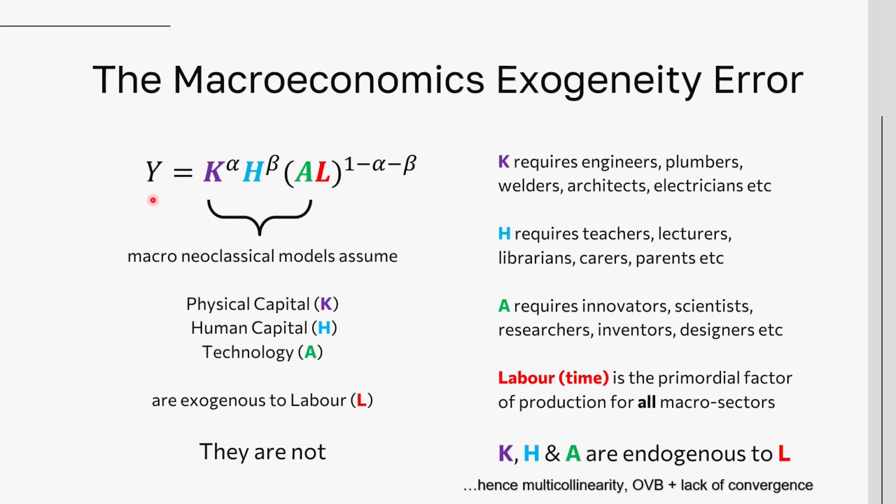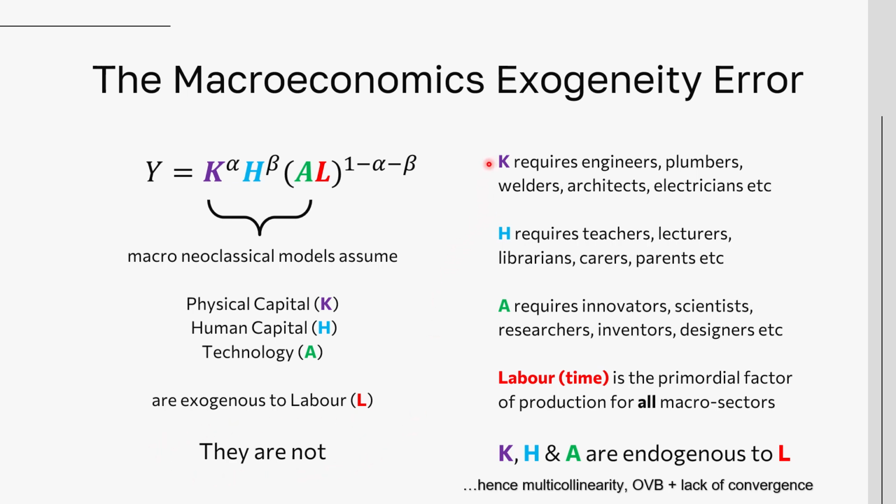Output Y is a function of physical capital, human capital, technology, and labor, together with your various output elasticities. The macroeconomic model assumes that physical capital, human capital, and technology are exogenous to labor. They are not, and here's why.